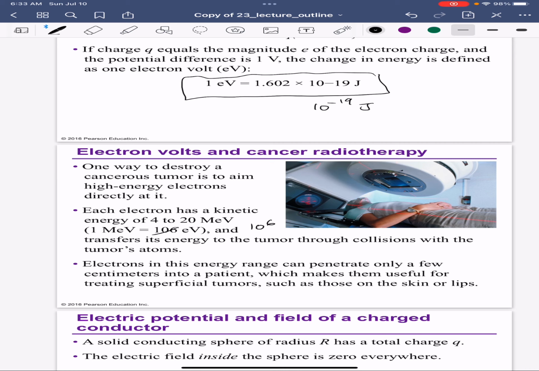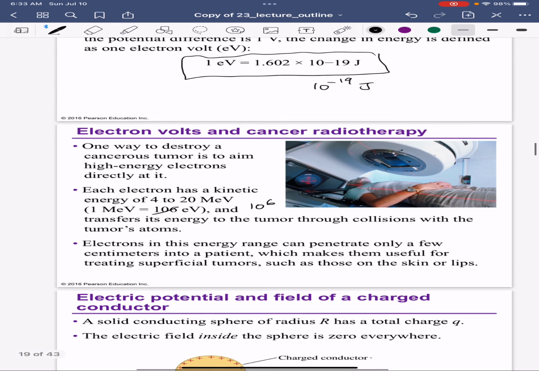Electrons in this energy range can penetrate only a few centimeters into a patient, which makes them useful for treating superficial tumors, such as those in the skin or lips.